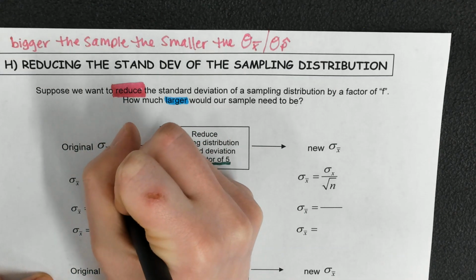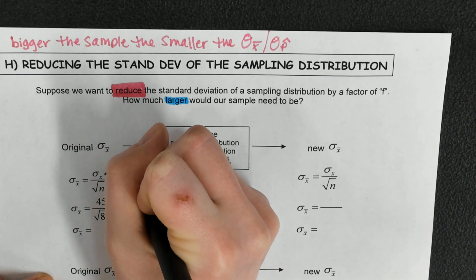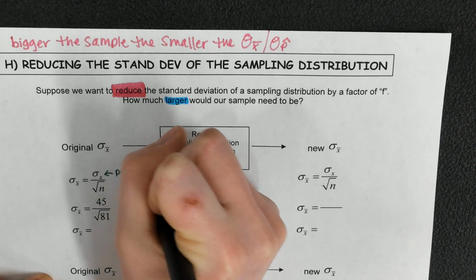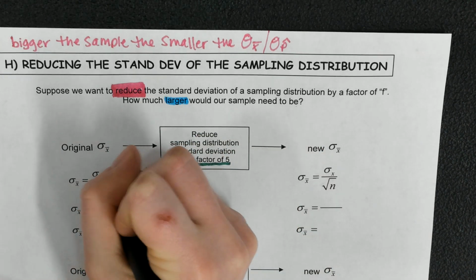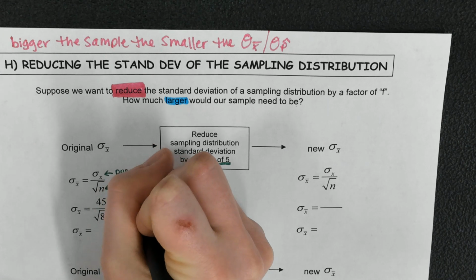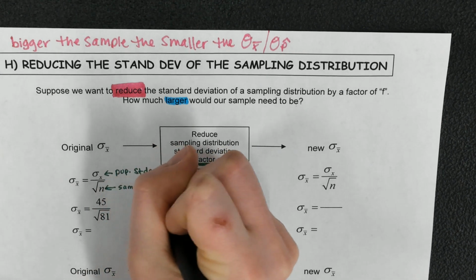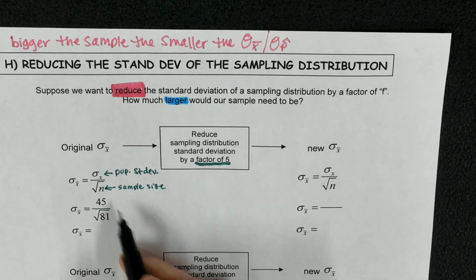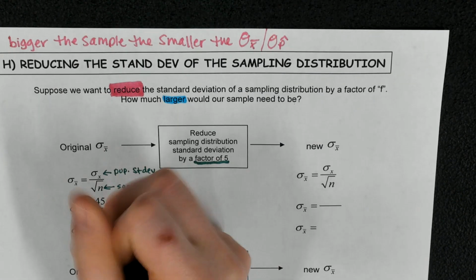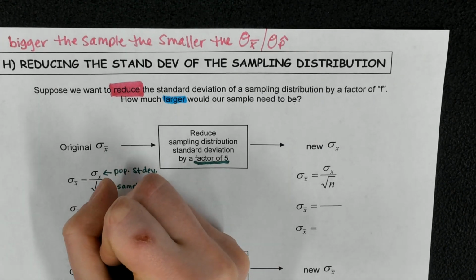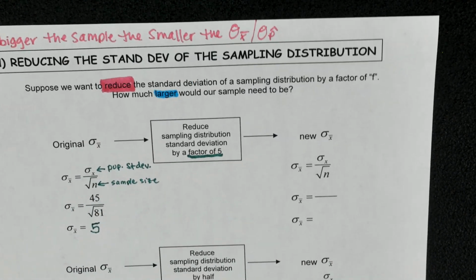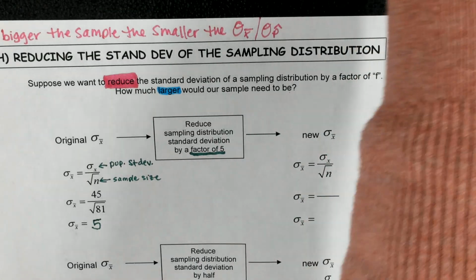This right here is the population standard deviation. At this point, you should know that. And this right here is your sample size. You should definitely also know that at this point. Plug in your numbers and you're going to get 5 as your sampling distribution standard deviation.